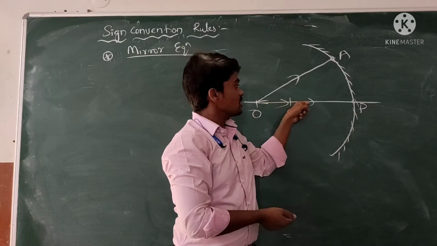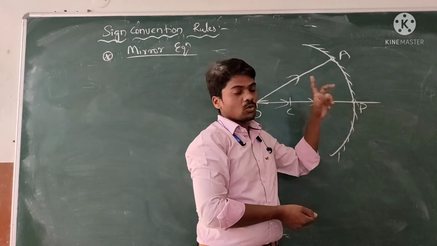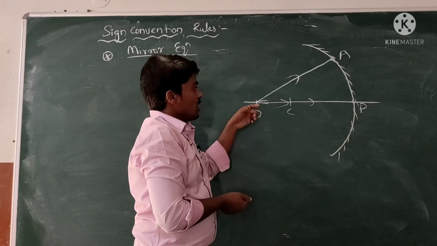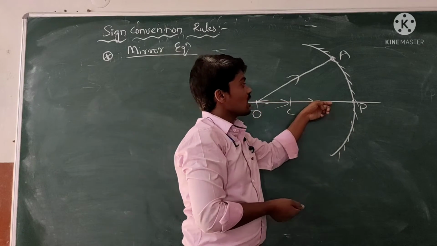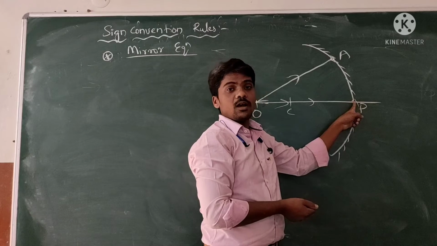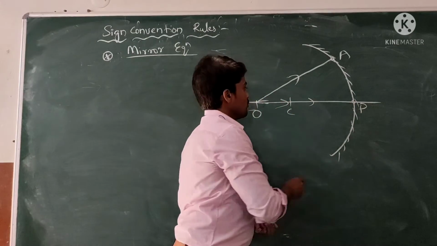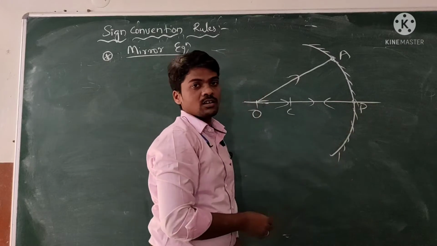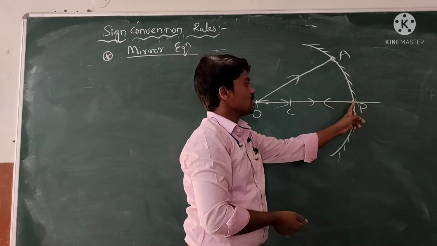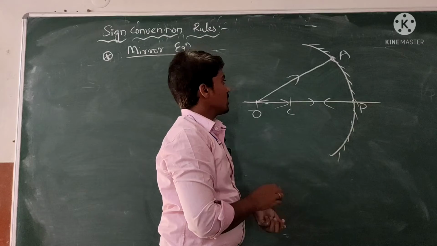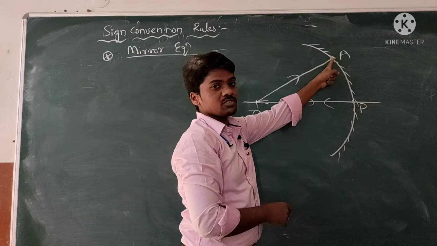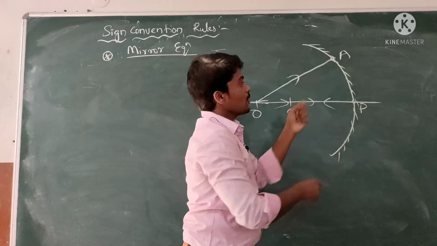The second one passes through the center of curvature. Whenever an incident ray passing through the center of curvature strikes the pole, it will bounce back along the same path, but in the opposite direction.